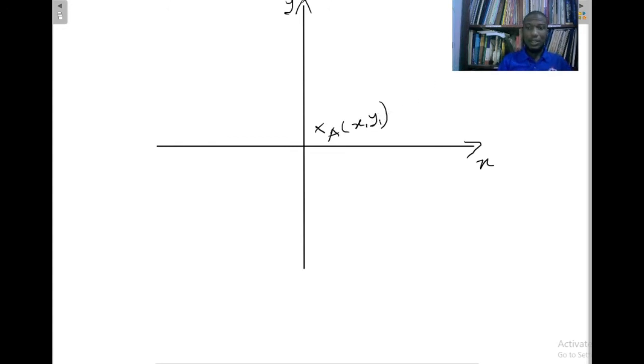Then I have B here, with coordinates x2, y2. All right. Let me join it with a ruler again.